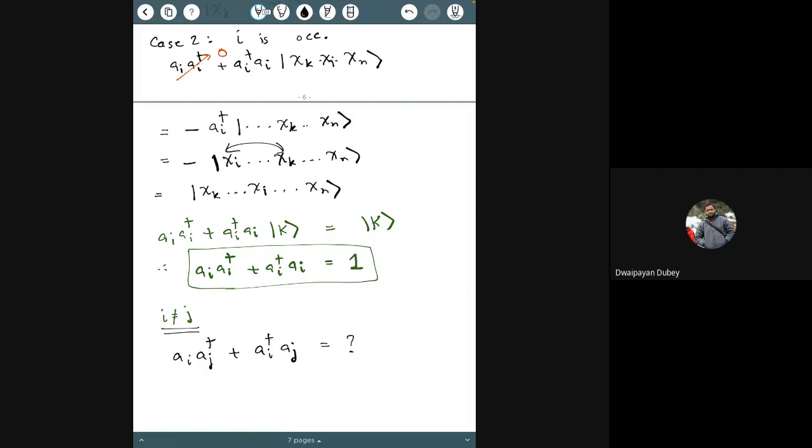So you will only have one or the other, which is 0 or non-zero. So the only situation that we need to figure out is when either j is occupied, I is not, or I is occupied, j is not.